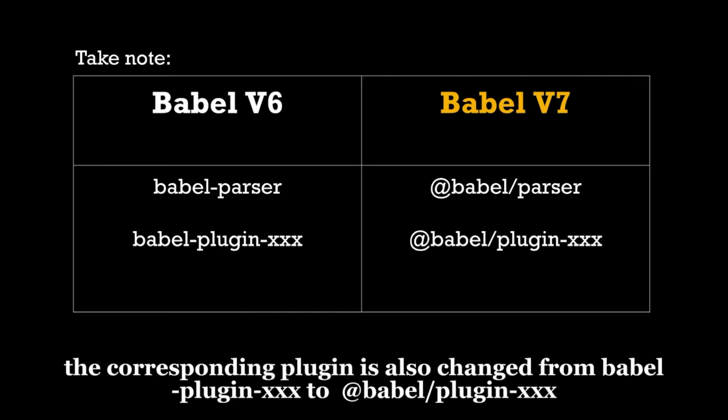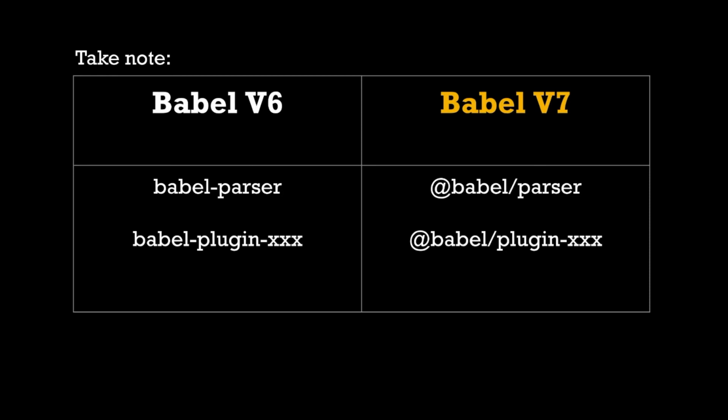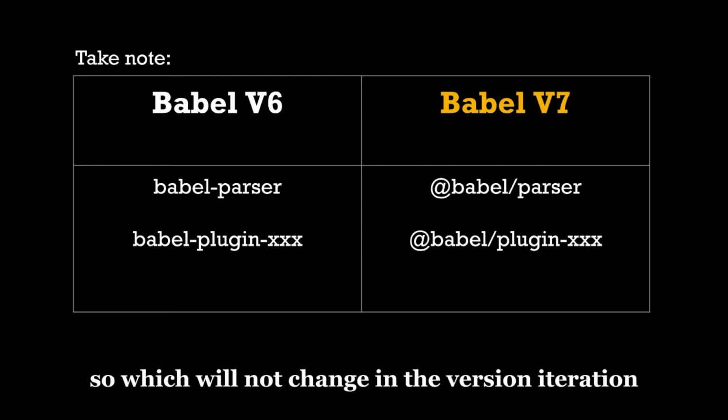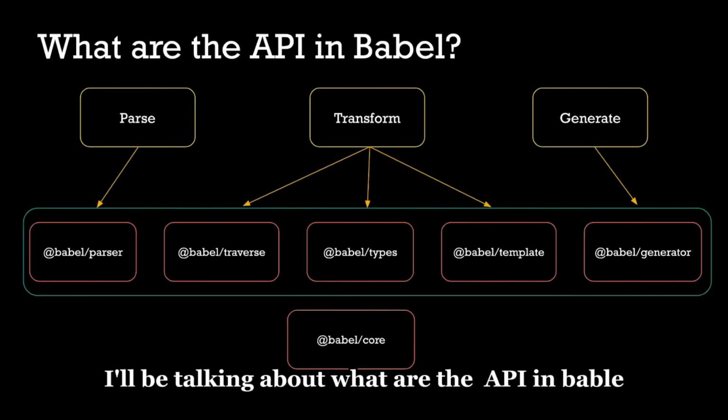The corresponding plugin is also changed from babel-plugin-something to @babel/plugin-something, but only the package name has changed. The API has not changed much. And we are learning about the basic principle here, which will not change in the version iteration. So let's go. I'll be talking about what the APIs in Babel are.